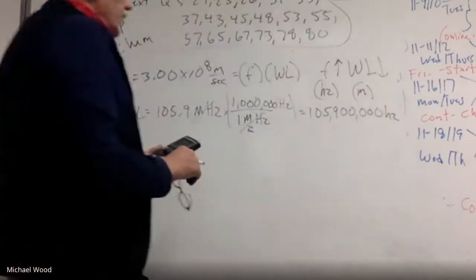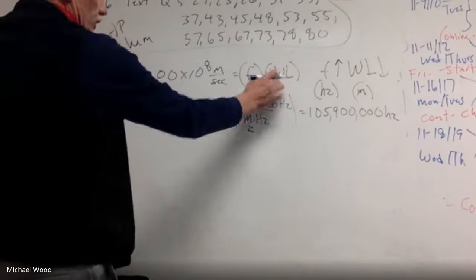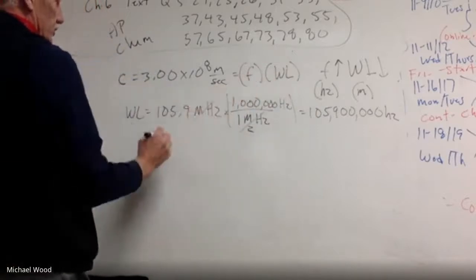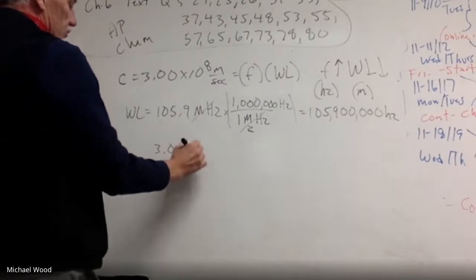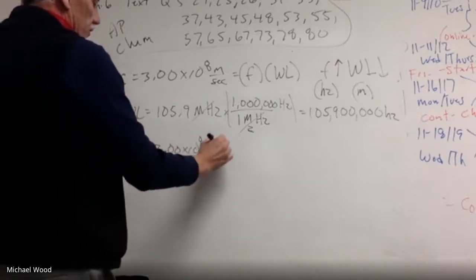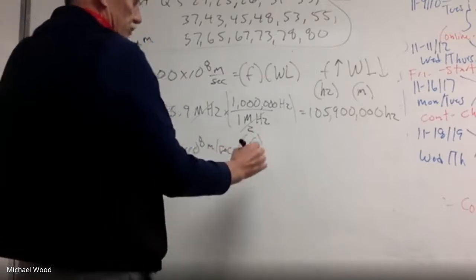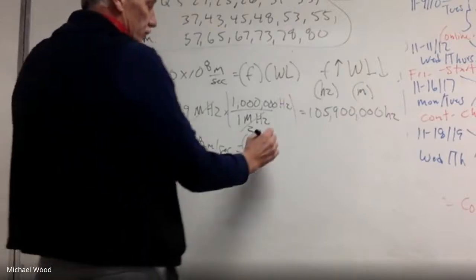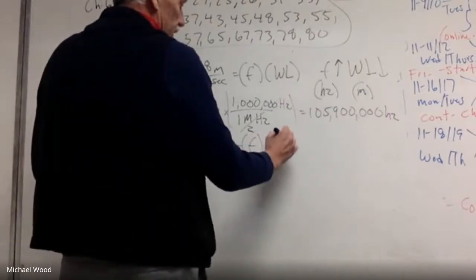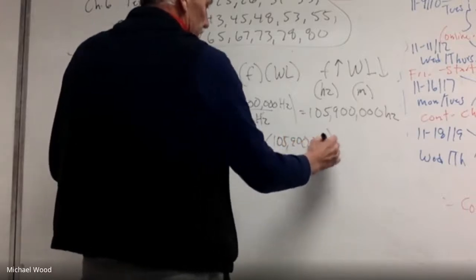Okay, so now I'm going to go back to this. Now I know the frequency, and I'm trying to solve for the wavelength. So I'm just going to use this equation. I got 3.00 times 10 to the 8 meters per second. Again, units are going to be my guide here. I'm going to plug this in for the frequency.